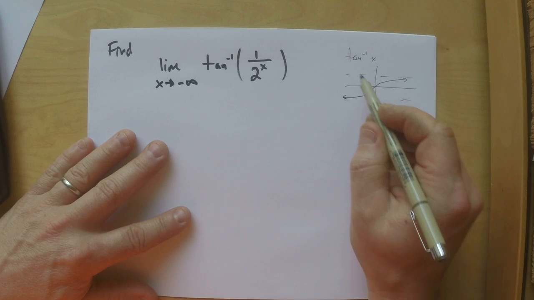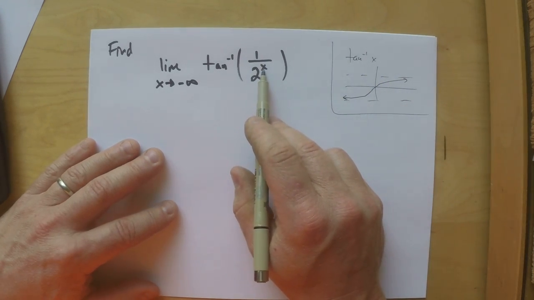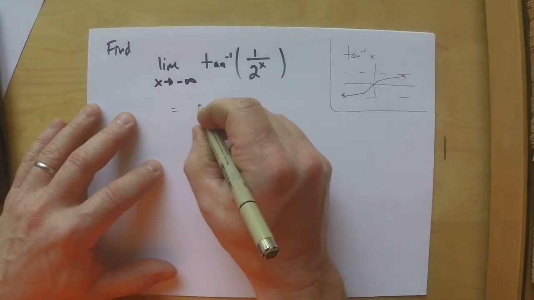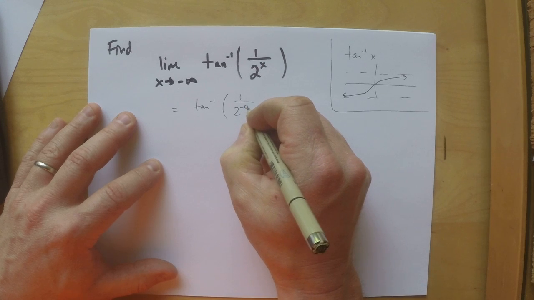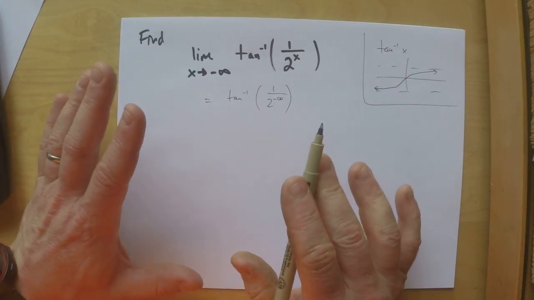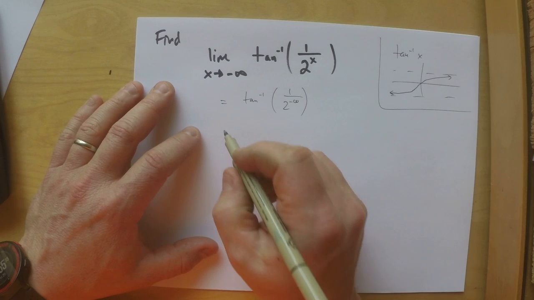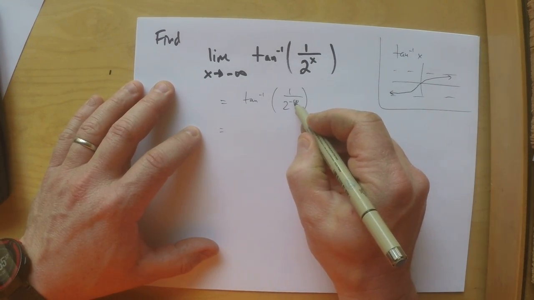So I'll keep that in my back pocket. But unfortunately, it's not just an x inside, it's 1 over 2 to the x, which makes this not this graph. So what I will do, again, I gotta be really careful with this. I gotta try to think about this logically and make sure every step of the way I'm thinking about this in a good way. Can I muster my human brain to understand what this would be?